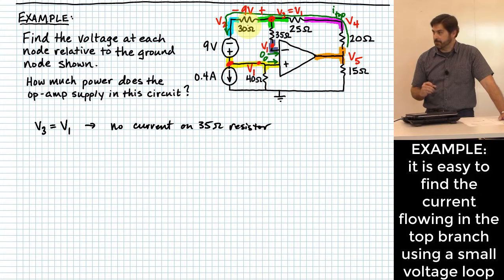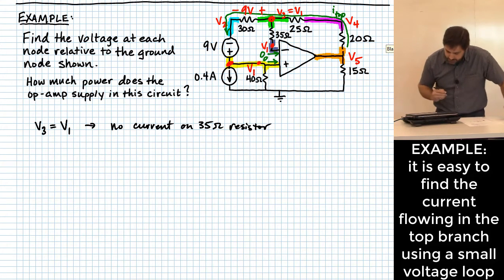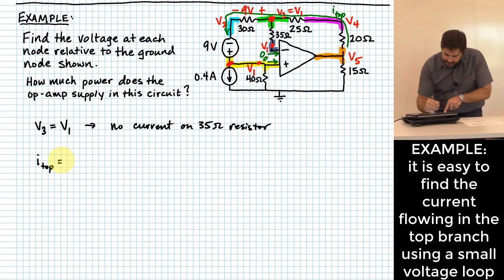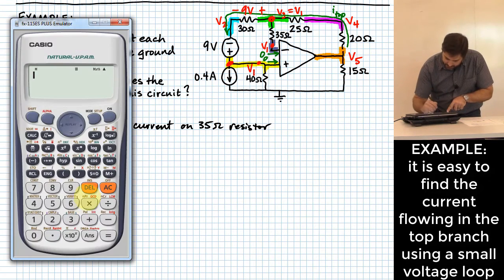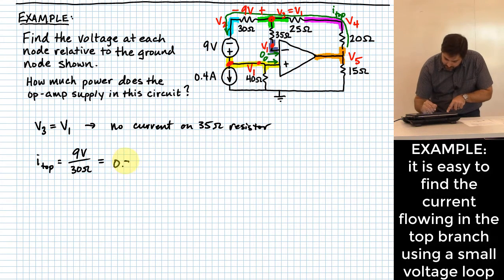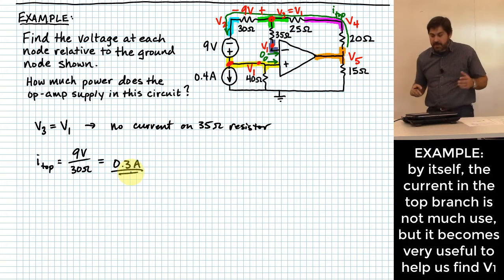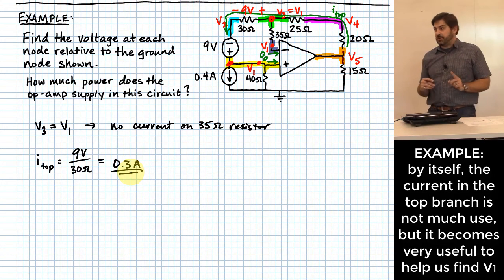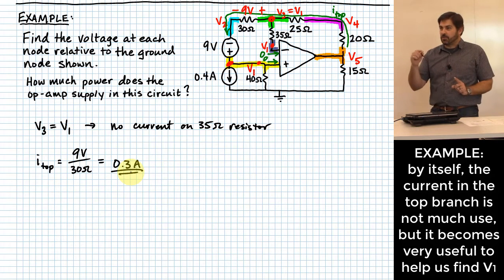You see that? Okay, so let me go ahead and do that. I top is going to be equal to that 9 volts over 30 ohms. And if I punch that in, 9 divided by 30 ends up giving me 0.3 amps. Now that by itself was not necessarily a result that I cared much about, but it's going to be a very key element for the next step.